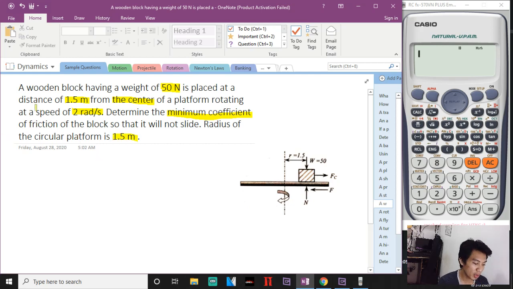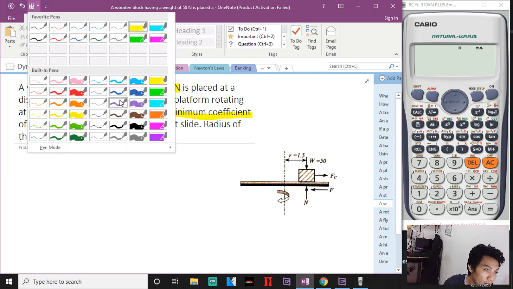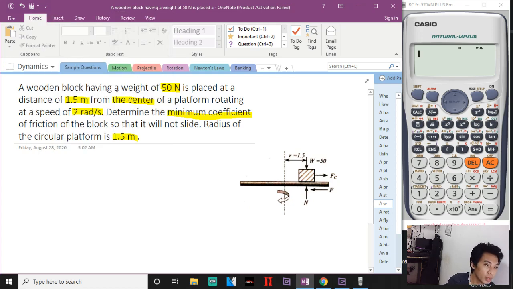So, how we solve that? Okay? All you have to do, i-convert mo muna yung mga dapat mo i-convert. Number 1, let us convert itong 2 radians per second. I-convert natin siya into linear velocity. Linear velocity equal to, meron kang given na omega times r.